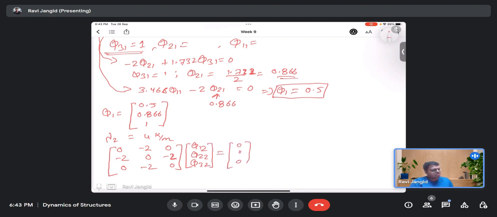So can you give me the mode shape for this, considering again φ32 as 1? This would be very simple, I think.